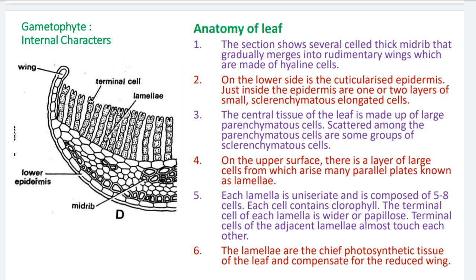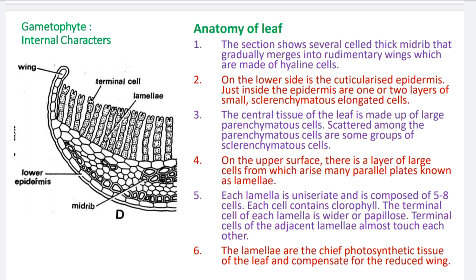The main portion of the leaf is occupied by parenchymatous cells, which again have groups or patches of sclerenchymatous cells. Parenchyma is a simple thin-walled storage tissue, and sclerenchyma is a thick-walled mechanical tissue.